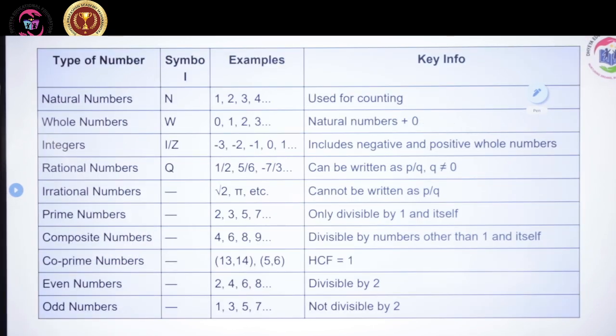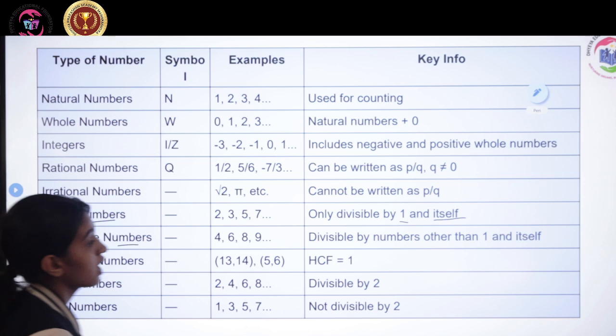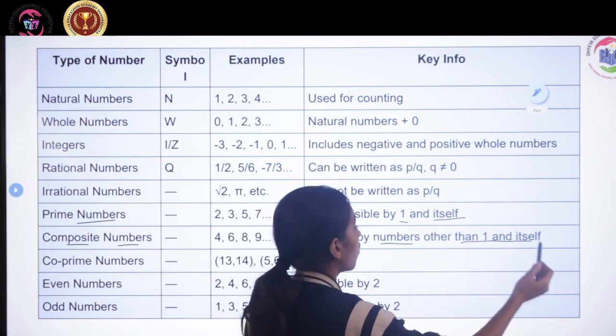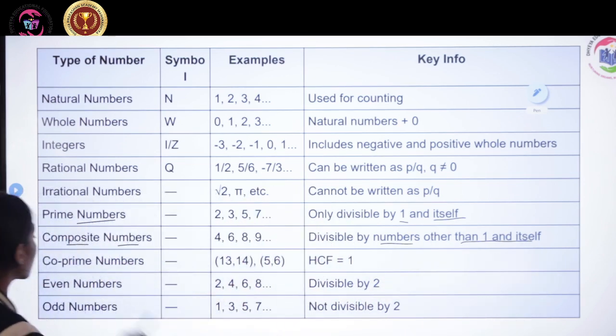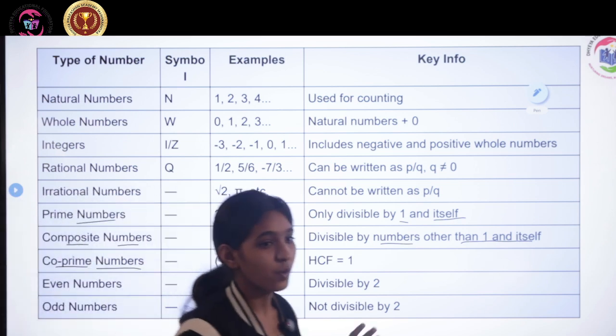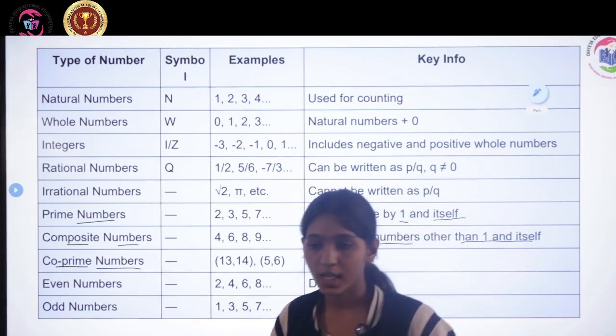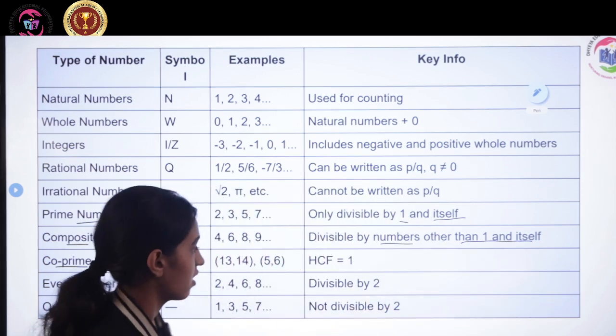Again, this is also a table. Let's talk about prime numbers. They are divisible only by 1 and itself. Composite numbers are divisible by numbers other than 1 and itself. And co-prime numbers. What are co-prime numbers? It is a pair of numbers whose only common factor is 1.